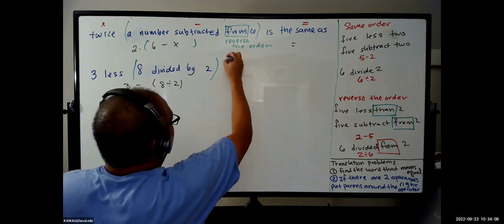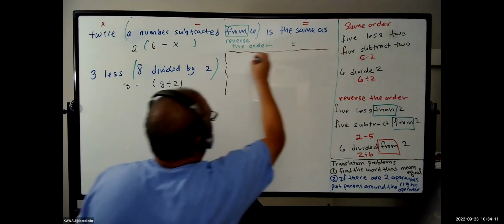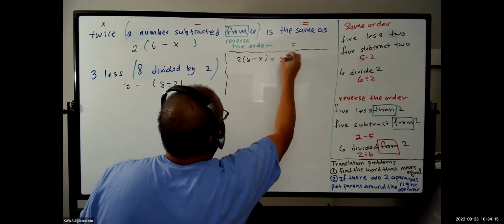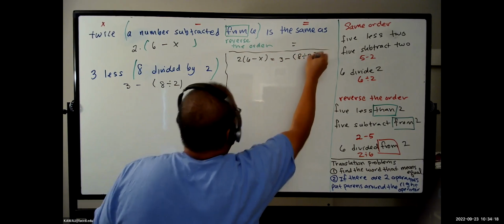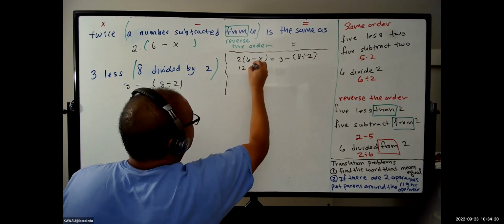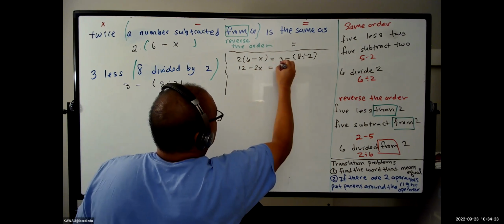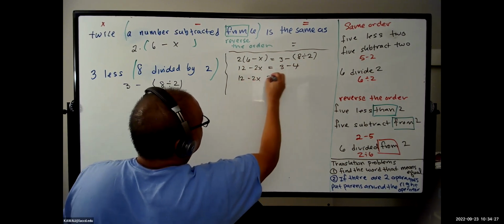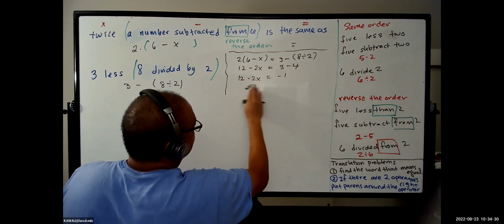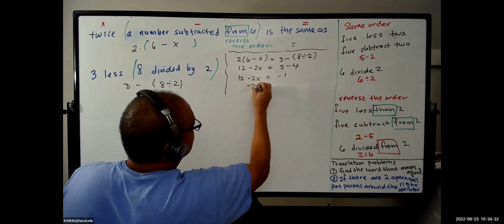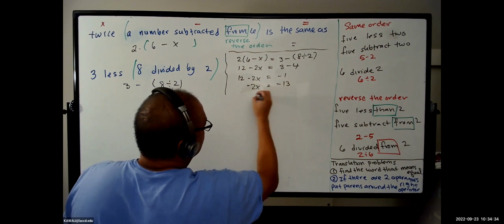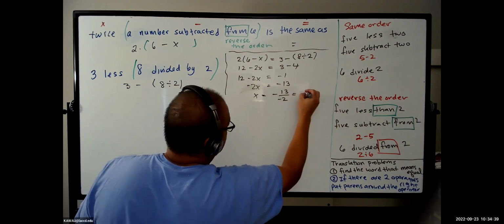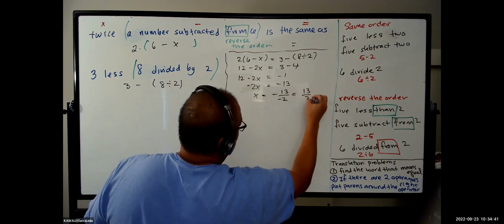So ultimately what I get is 2 times (6 minus x) is equal to 3 minus 8 divided by 2, 12 minus 2x, and then 12 minus 2x. So minus 2x is equal to minus 13, and x is equal to like that.